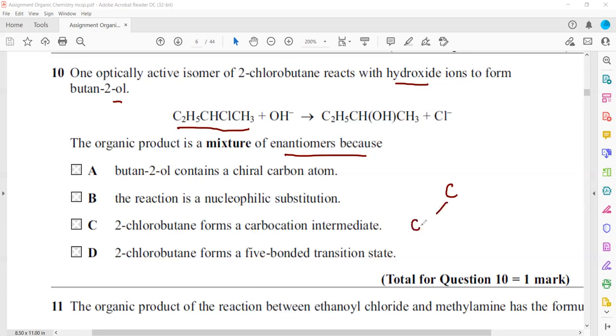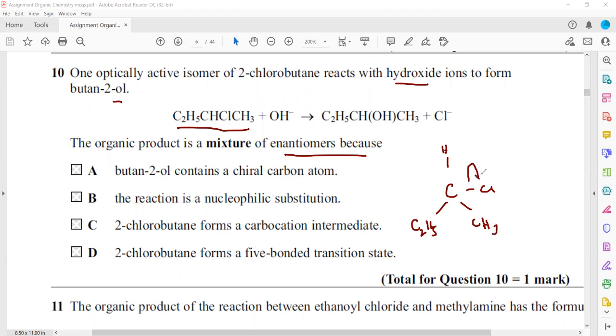If you remember the SN1 mechanism, C2H5 is there, then this is Cl and CH3. So what happened? First, the bond breaking will occur in this compound, because the tertiary halogenoalkane cannot react in one step, they react in multiple steps.